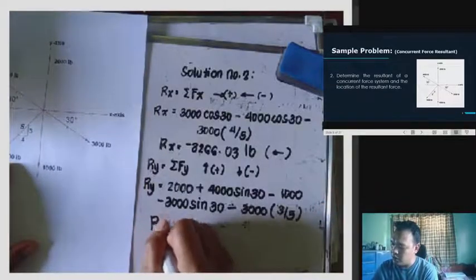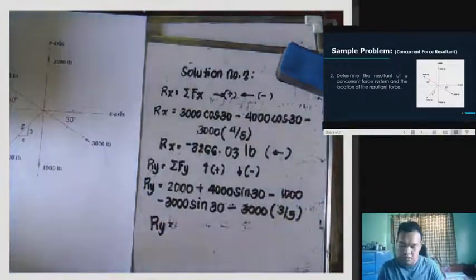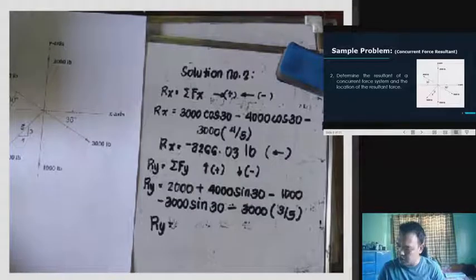So therefore, Ry is equivalent to, solve natin, 2,000 plus 4,000 sine 30 minus 1,000 minus 3,000 sine 30 minus 3,000 times 3 over 5.